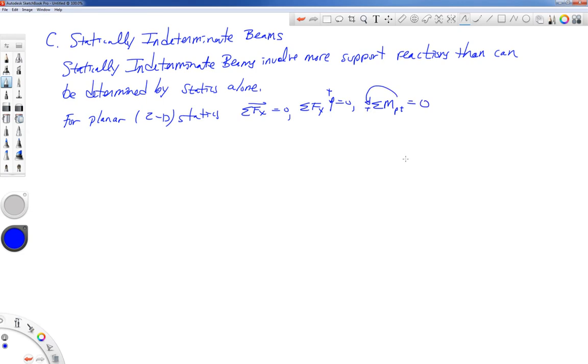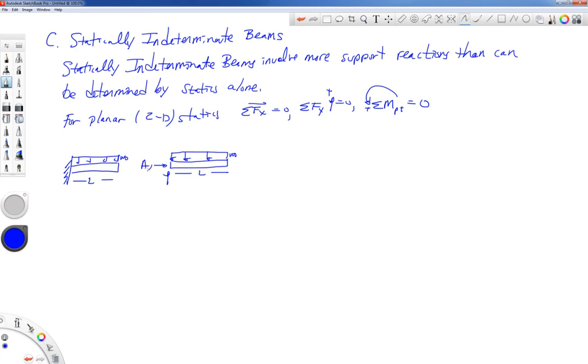Let's start off by contrasting statically determinate problems to statically indeterminate problems. Here's an example of a statically determinate problem that we've looked at already. We have a cantilever beam, maybe it has a constant distributed load on it. If we were to draw its free body diagram, it would have two forces at the wall.